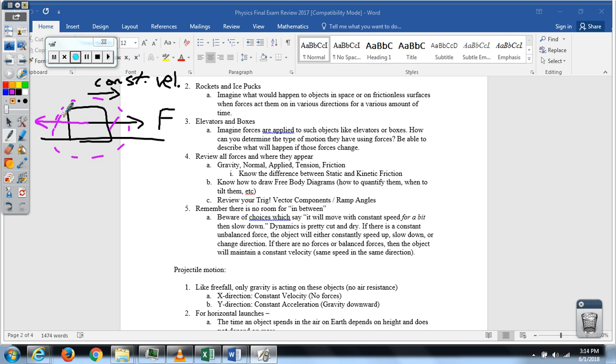Well, the only things that the box is in contact with are you, but you're providing the force that's forward, the Earth, which is underneath and pulling it down with gravity, and the surface pushing it up with the normal force. I haven't drawn those here, but those two forces cancel each other out, up and down, so there's also constant velocity upward. But how do I know friction is here?